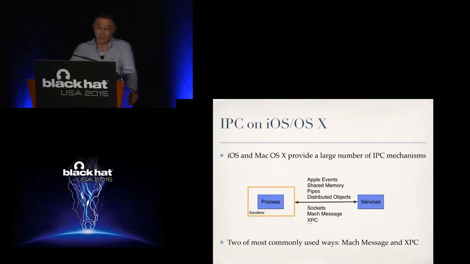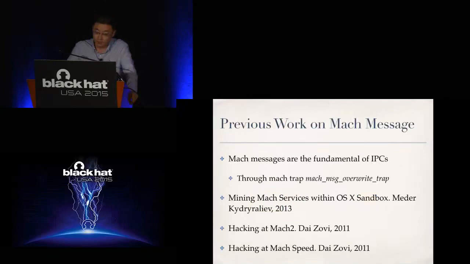On macOS and iOS, you can find a number of IPC mechanisms, such as sockets or distributed objects. And among these, two of the most commonly used are Mach messages and XPC. Mach message is the fundamental of all IPCs.